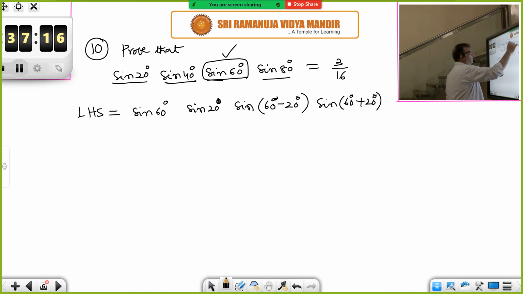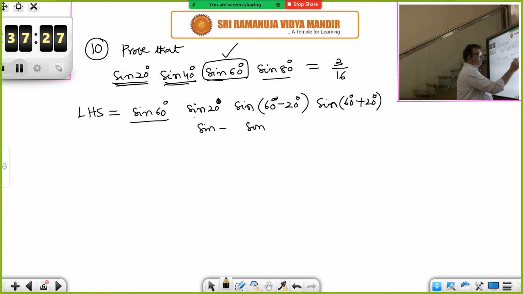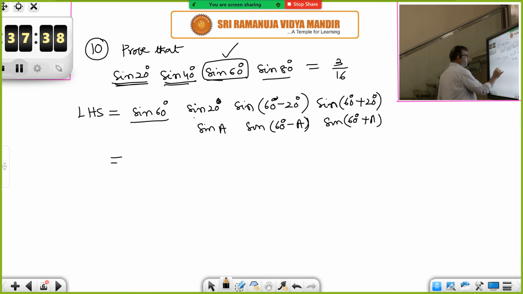Okay, this known value I have written in the beginning. Next to sine 20, sine 60 minus 20, sine 60 plus 20. Now it is clearly in the form sin A, sin 60 minus A, sin 60 plus A. Exactly in that form. So this is equal to what?